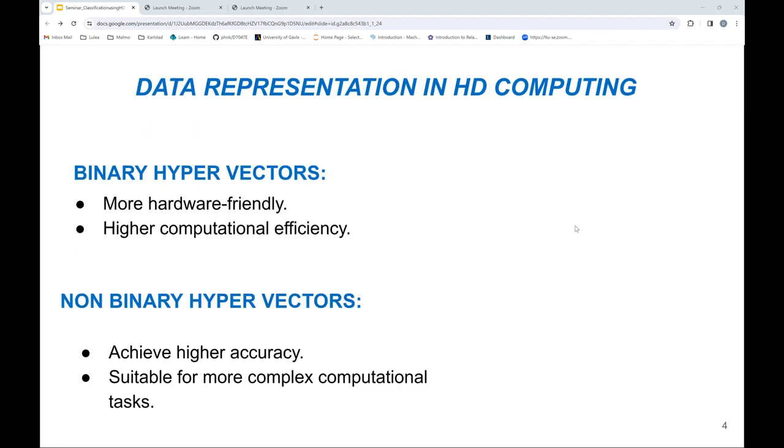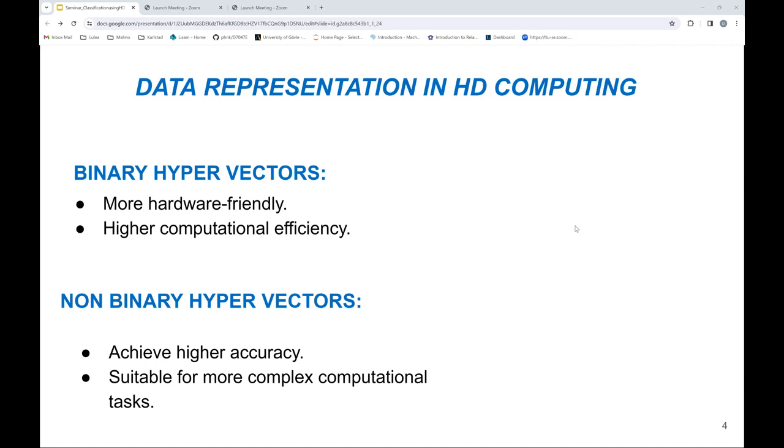Data representation in HD computing is basically in the form of hypervectors, and hypervectors can be bits, integers, real numbers, or complex numbers. Hypervectors are basically of 2 types: binary hypervectors and non-binary hypervectors. Binary hypervectors consist of zeros and ones, and they are more hardware friendly and have high computational efficiency.